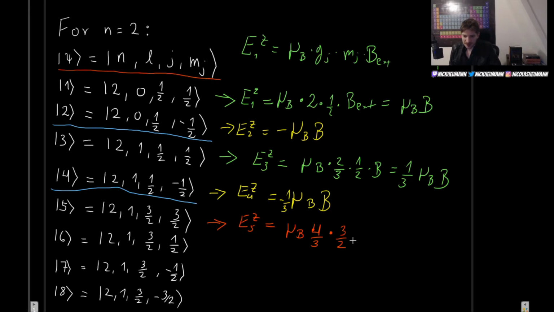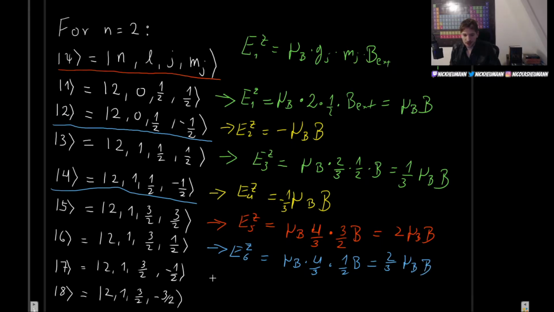So the 3's cancel out, and we are left with 2 Bohr magneton times B. Now let's go for the next one. So here, the 6th one, this is going to be Bohr magneton times 4/3, and this time mj is 1/2. So in this case, we get 2/3.